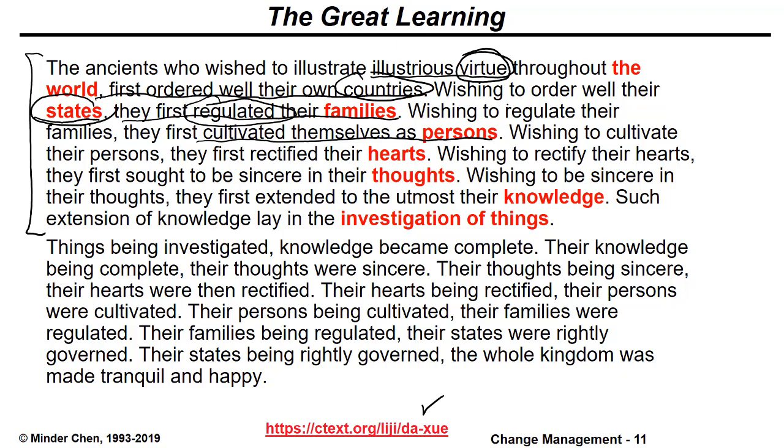And when you wish to rectify your heart, you have to seek to be sincere in your thoughts. And if you wish to be sincere in your thoughts, you have to extend to the utmost of your knowledge. And such expansion of knowledge lies in your interest and curiosity in studying and investigating different things and subject areas.